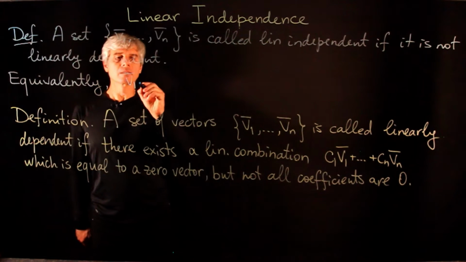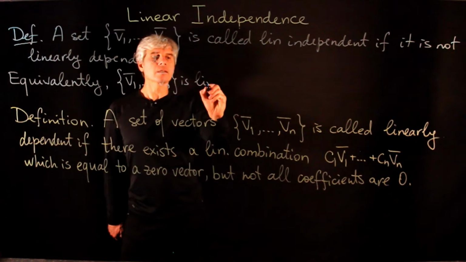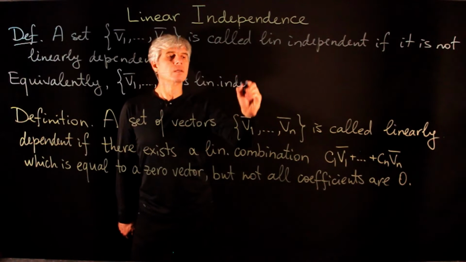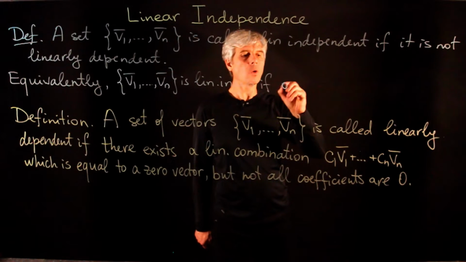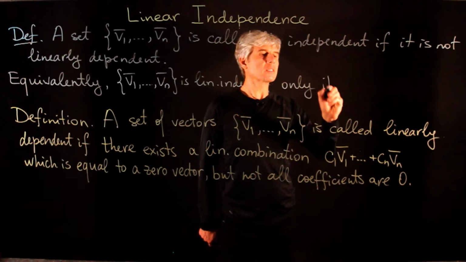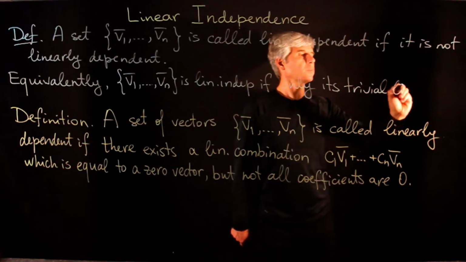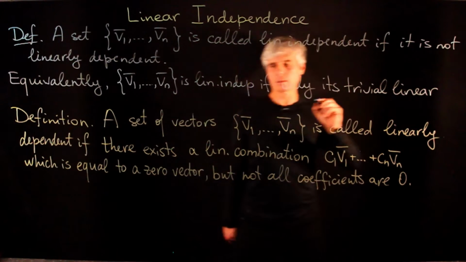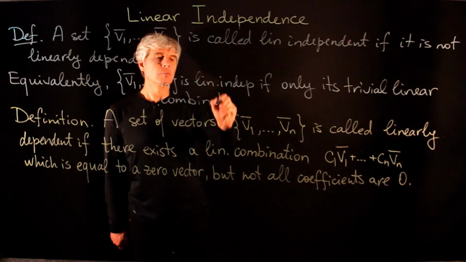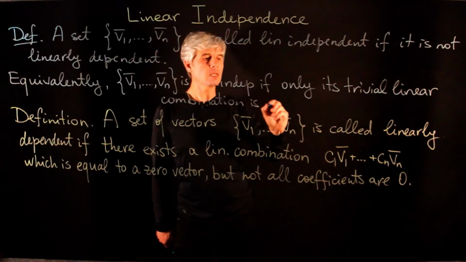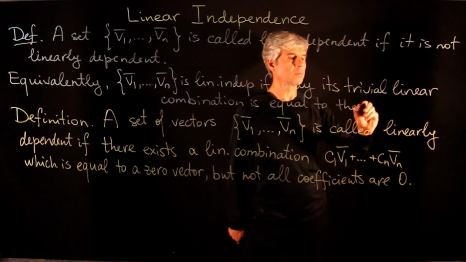This set is linearly independent if only its trivial linear combination is equal to the zero vector.